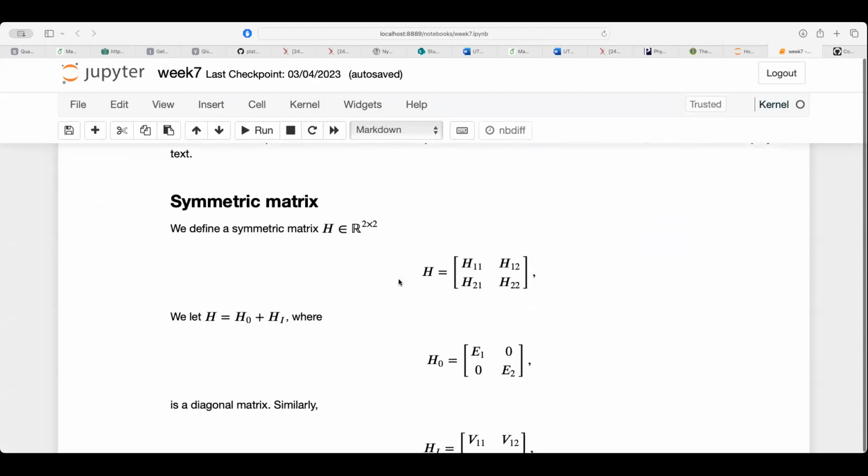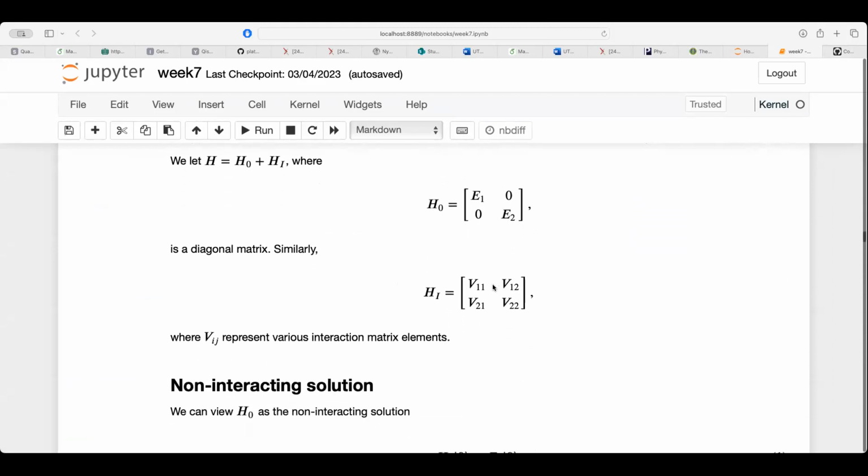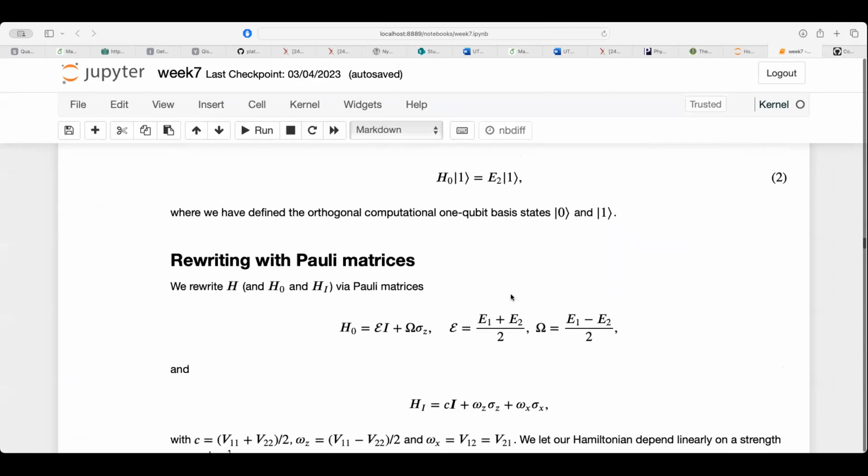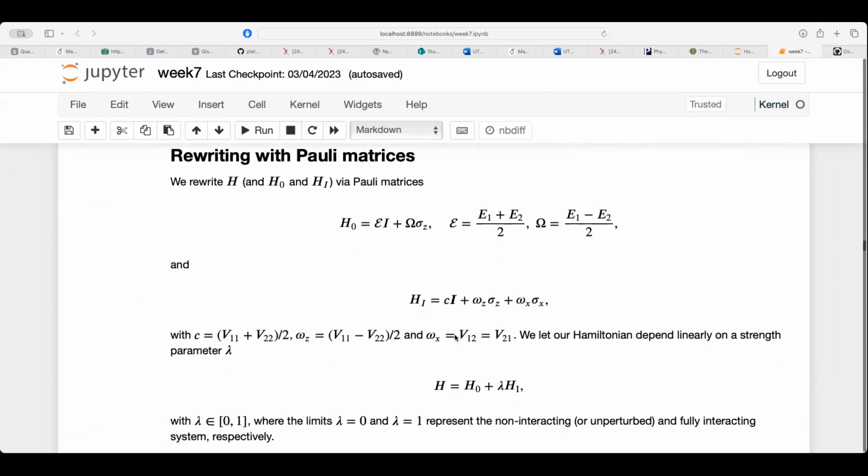This is the first example we have in the project. In that case, we have this 2x2 matrix, which we rewrote in terms of the Pauli matrices using the computational basis. I'm not going to go through this again because we've seen it many, many times.